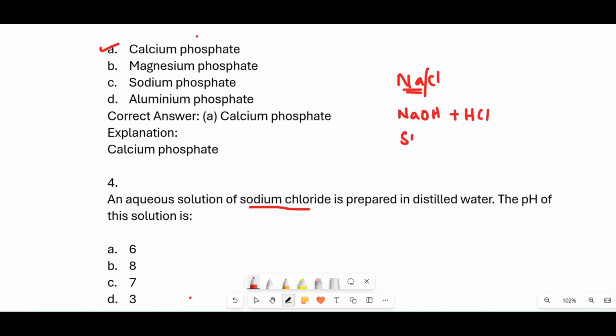So this salt is formed by the combination of a strong acid and a strong base. Strong acid undergoes complete ionization, and a strong base also undergoes complete ionization when mixed in water. So when they combine to form a salt, the salt will have a pH of 7. 7 indicates the neutral value. So the answer is C, 7.